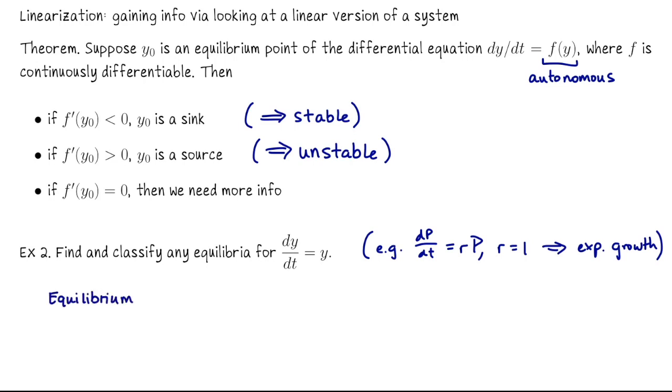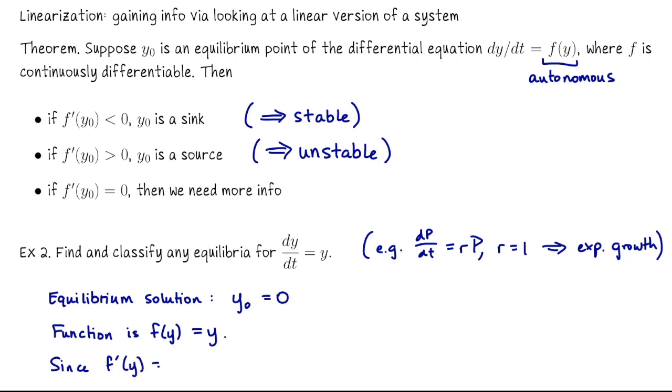And there's only one at y equals 0. So that's the first thing we need to do, find any equilibrium solutions. Next, let's identify what the right-hand side function is. That's f of y equals y. So if we compute its derivative at y naught, the derivative is actually always 1. So if I plug in y naught, it's still 1. Since 1 is positive, that tells us that 0 is a source.